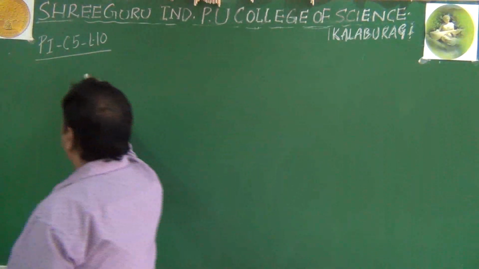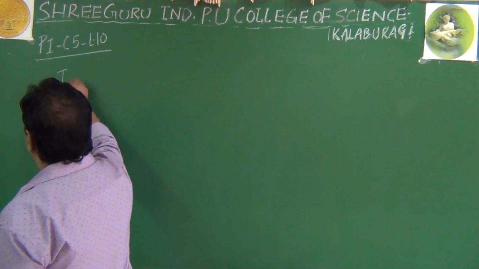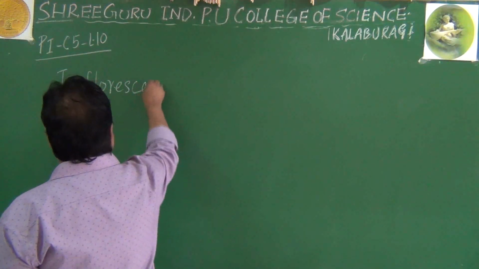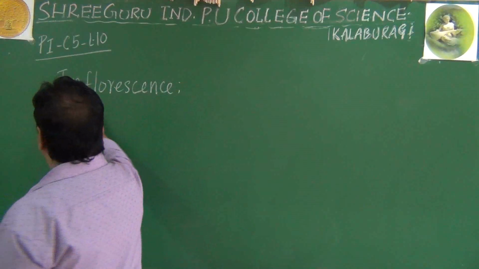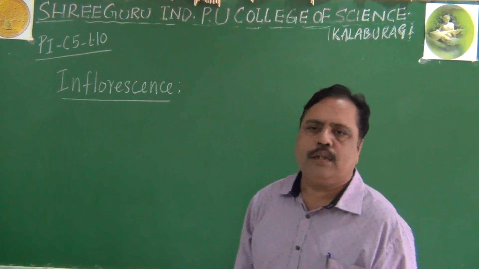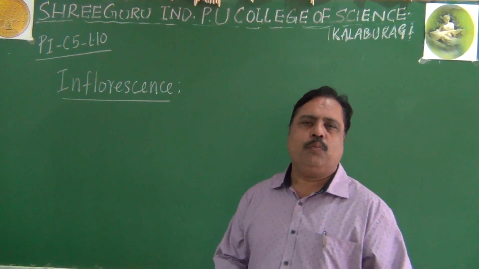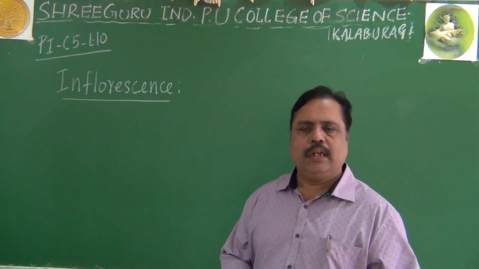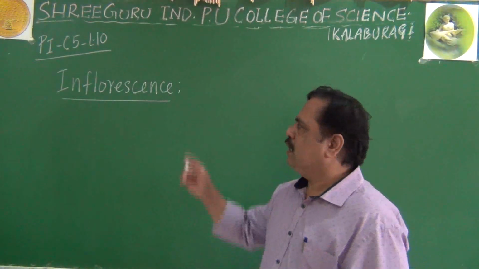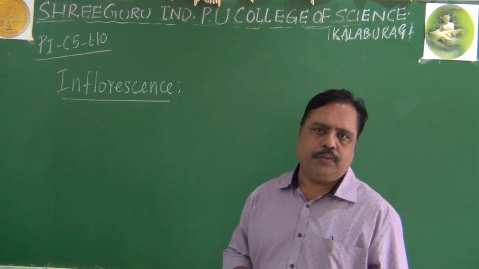It is about inflorescence we have to see. One important concept, idea we have to remember related to inflorescence. What is inflorescence? Already we know root, stem, leaf and all, but inflorescence may be a new word for you.